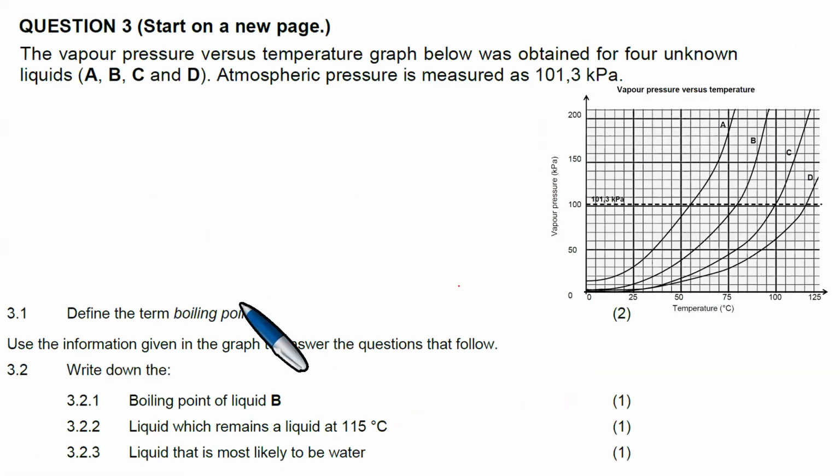Right. In the next point, we're going to look at the graph. Graphs are very interesting in chemistry, and this graph is no exception. There's something called the vapor pressure. Question 3. The vapor pressure versus temperature graph below was obtained for 4 unknown liquids, A, B, C, and D. Atmospheric pressure is measured as 101,3 kilopascals.